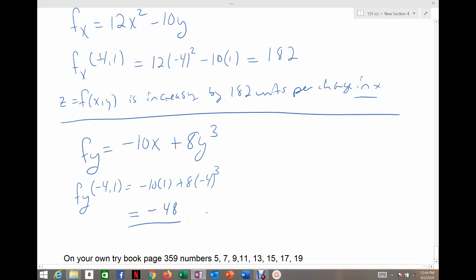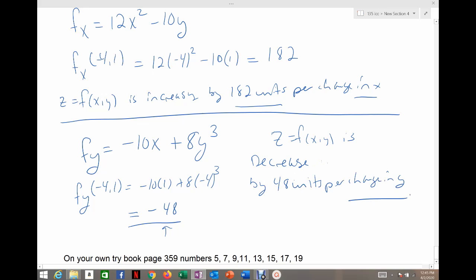So this means in the x direction it was moving up at 182 units per change in x, but in the y direction it's decreasing. My original function f of xy, its rate of change, is a decrease by 48 units per change in y, whatever y would represent.